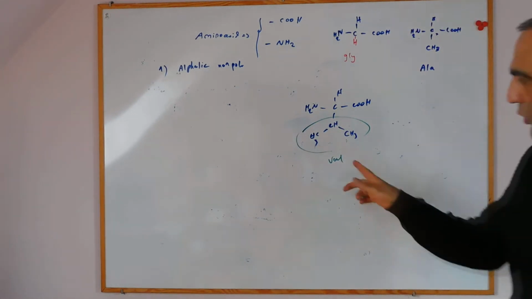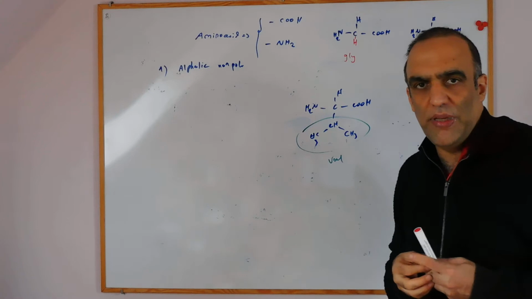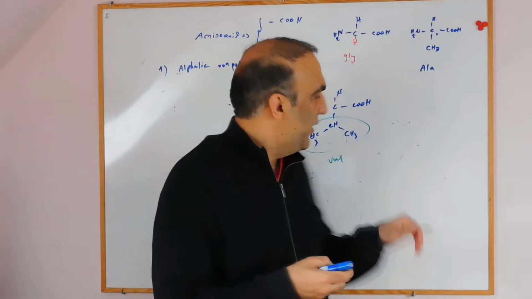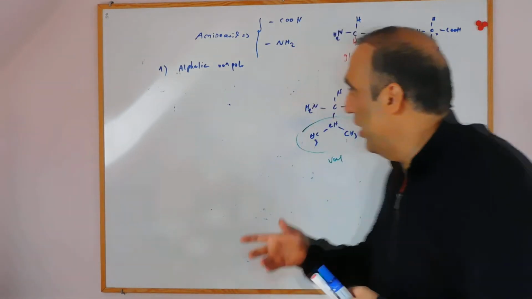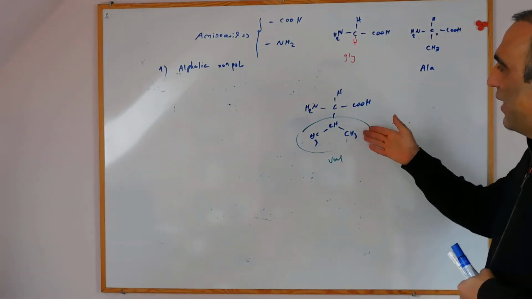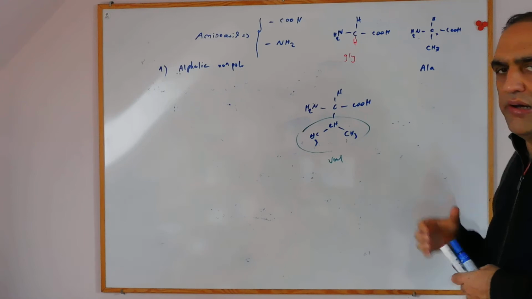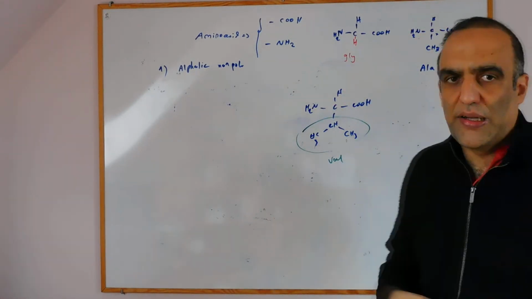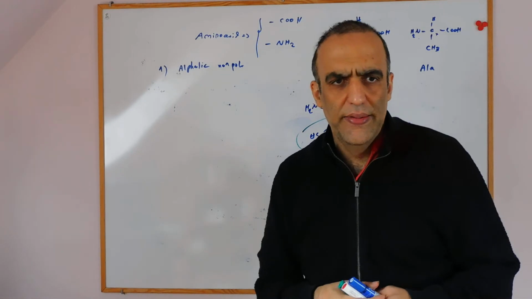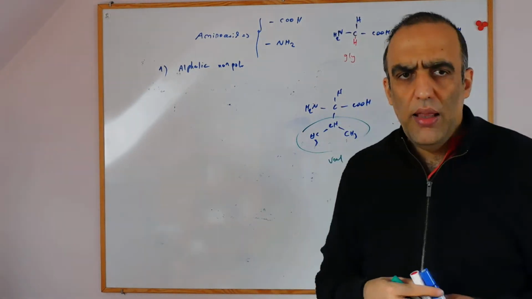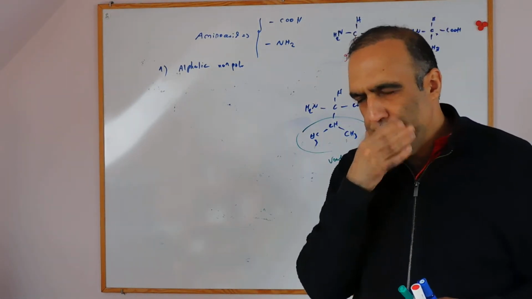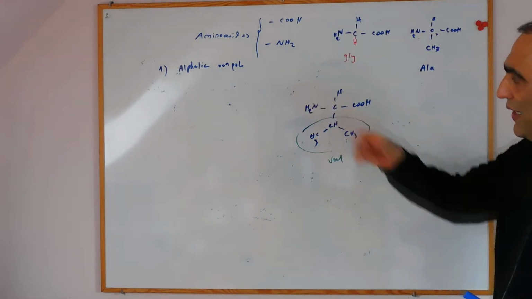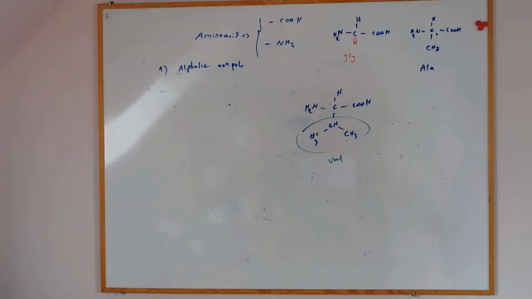This is very important because in the valine structure, the number of carbons increases and the acidity of valine is less than alanine and glycine. In this order, glycine has the highest acidity. And the next one from the aliphatic nonpolar group is leucine.